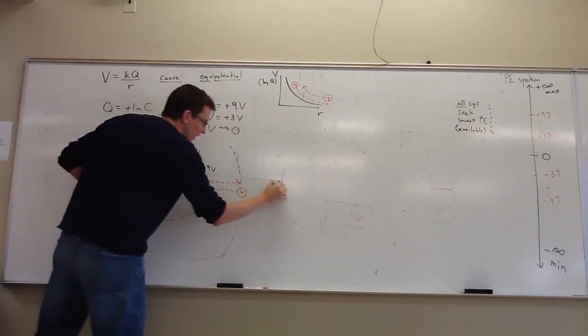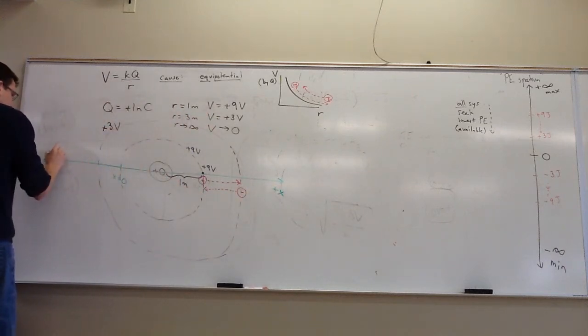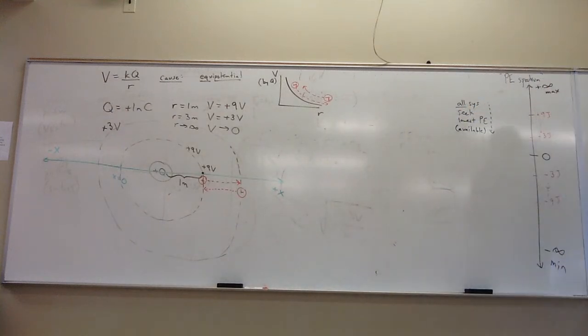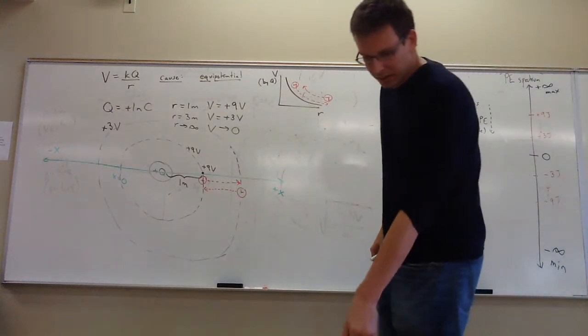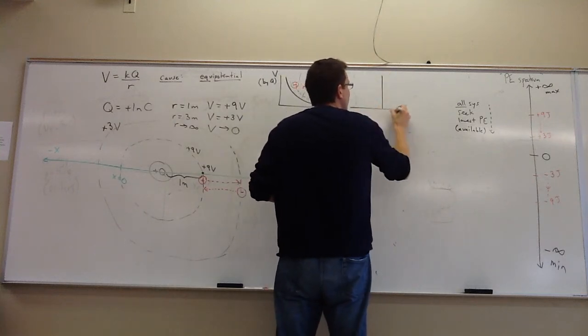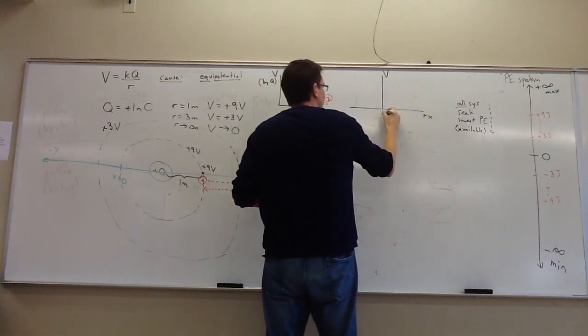I'll put the positive axis like this, and I'll put the negative axis like this. And we can kind of imagine our journey along this axis. Let's draw what that would look like. Here's your voltage versus x. So here's the plus x, here's 0, here's minus x.